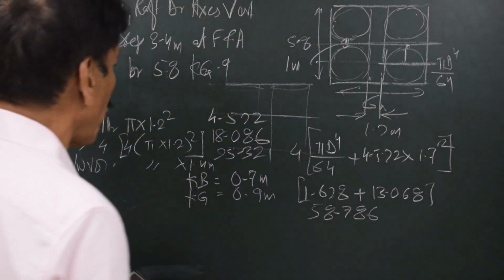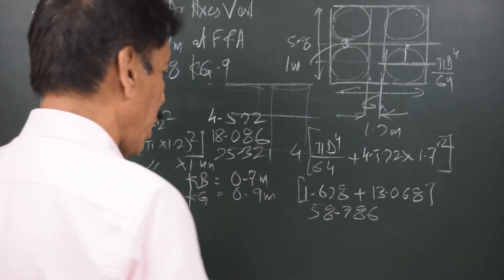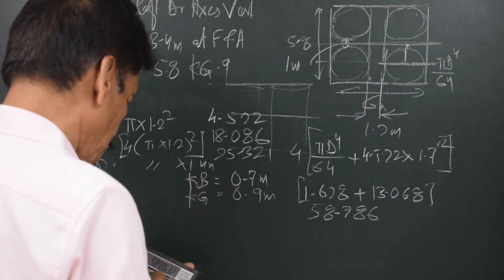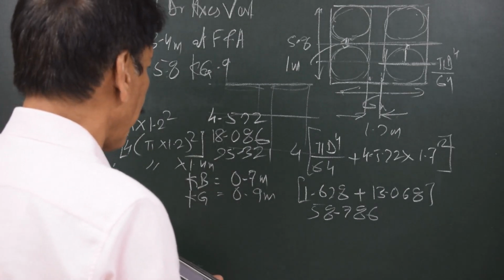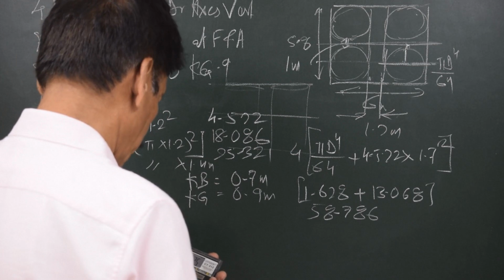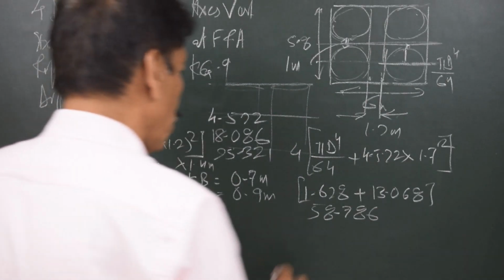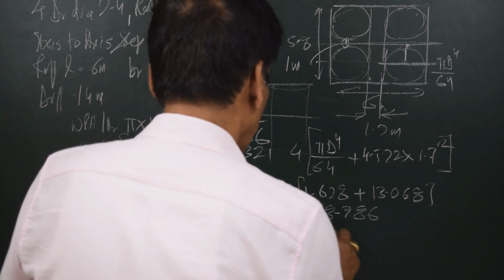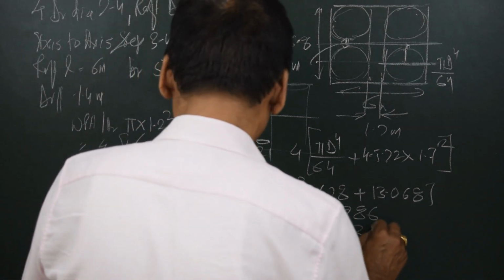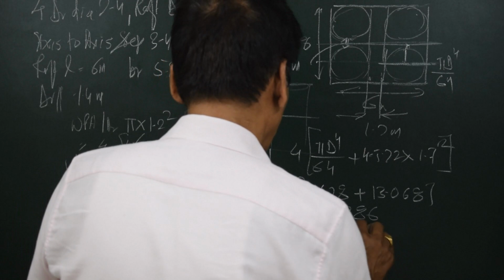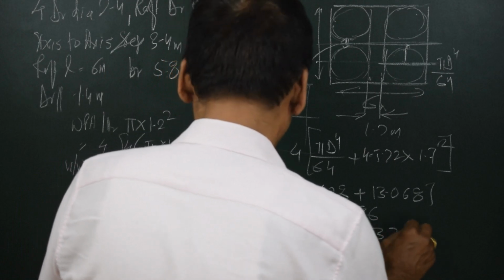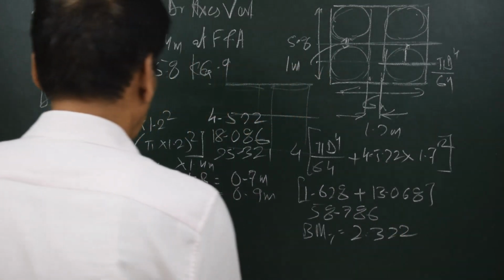Now this total moment of inertia divided by underwater volume. Underwater volume is 25.321, right? So divide by 25.321 gives me BM transverse as 2.322. So I'll write it here.